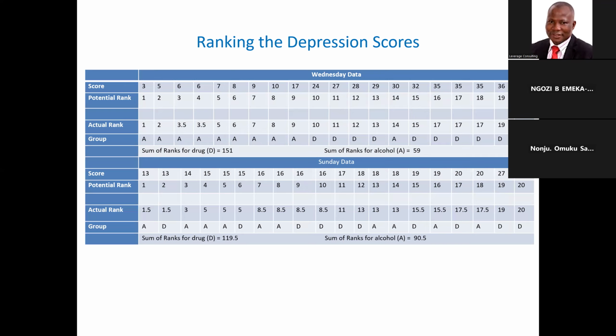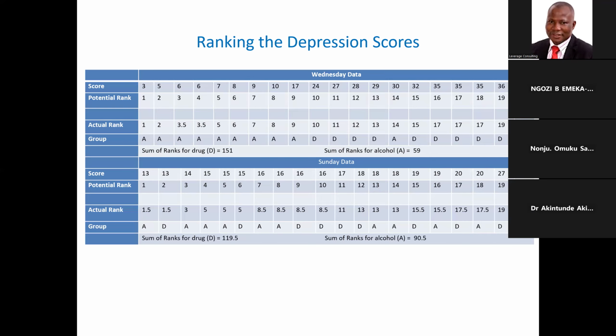If you add all the drugs together, it's 151. So here it shows that the people on drug take higher rank. What it means is that their depression scores are higher. That's why they tend to have the higher rank, so that when you add all the ranks together, the sum is bigger.